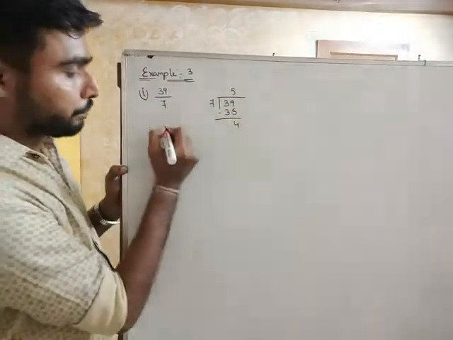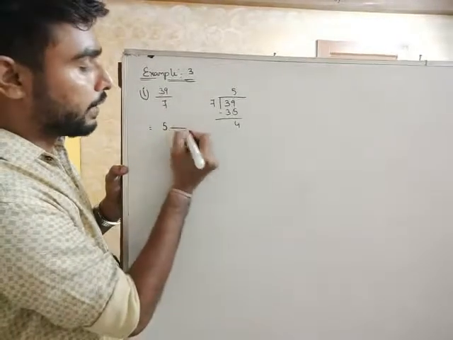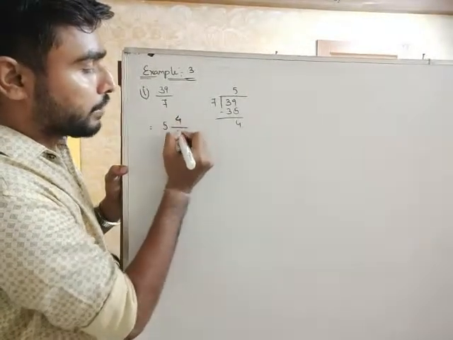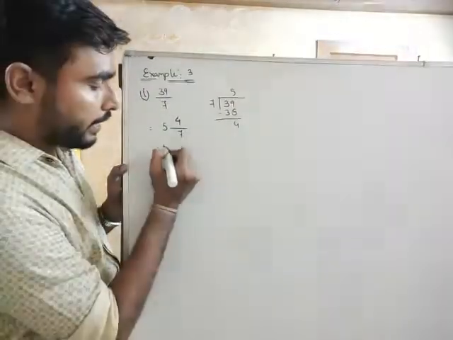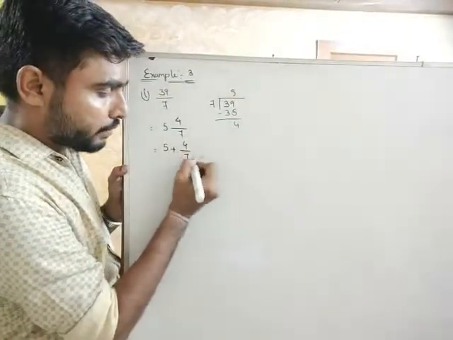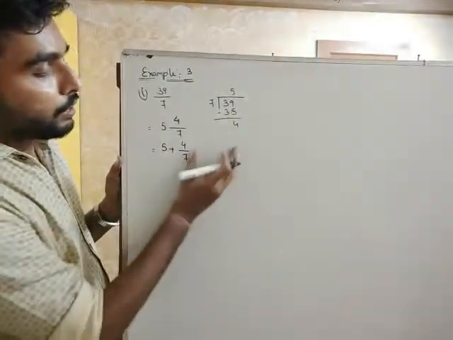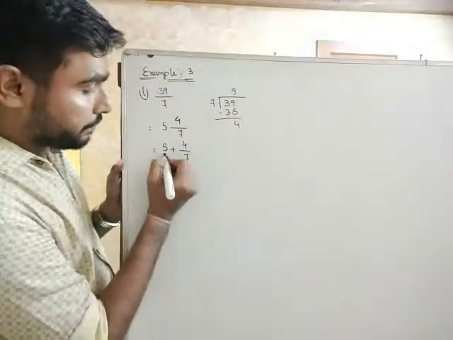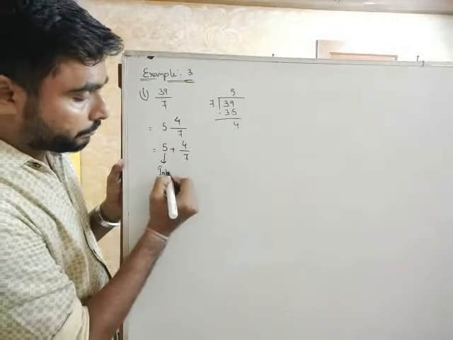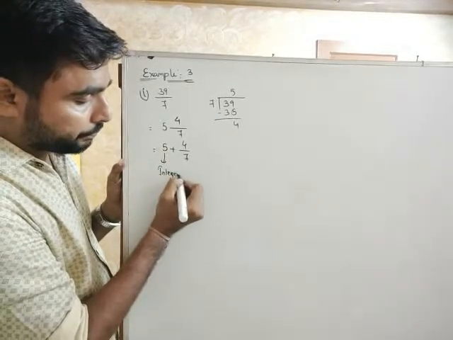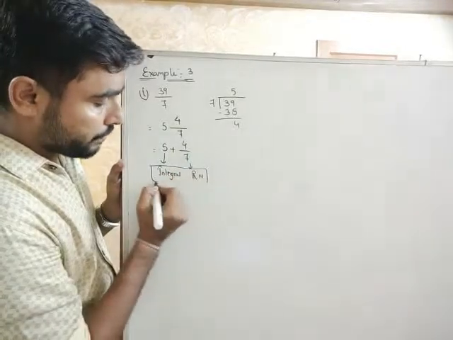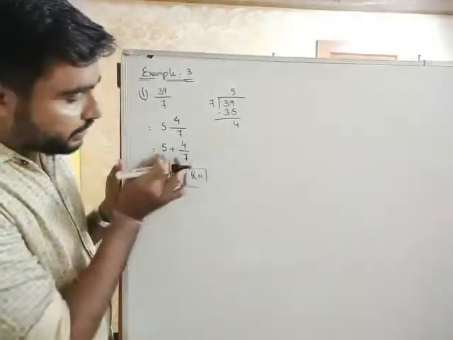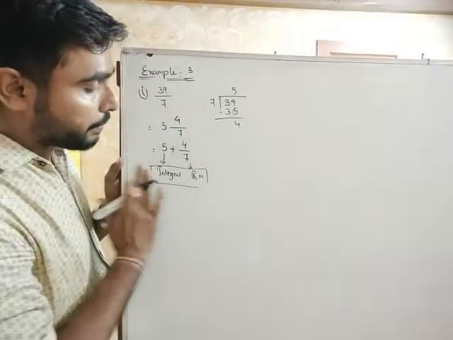So 5 will be the whole part, the remainder becomes the numerator, and the denominator is always the same. So now I can write 5 plus 4 by 7. Fractional part separate, whole part separate. This is the integral part and this is the rational number. So 4 by 7 is a rational number, and this is the whole number, that is the integral part.